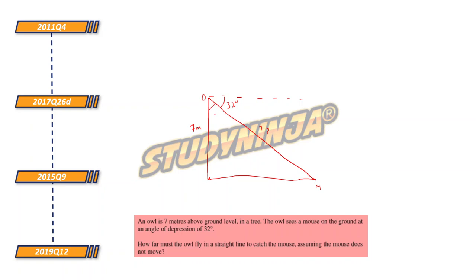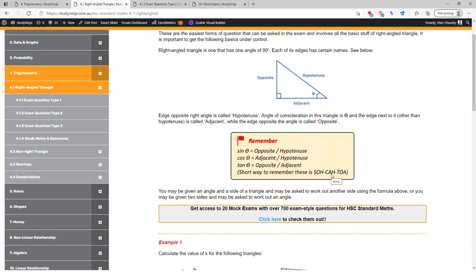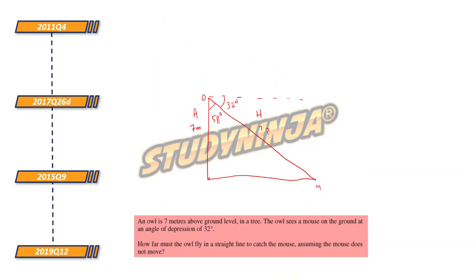So if I know this angle, which would be 58, this one is adjacent and this one is hypotenuse. So going back, adjacent over hypotenuse would be cos. So we would need to use cos over here.